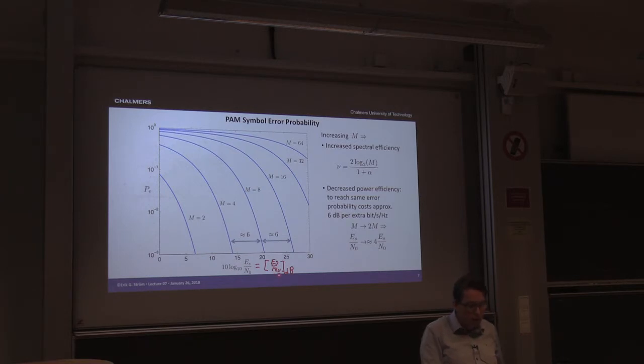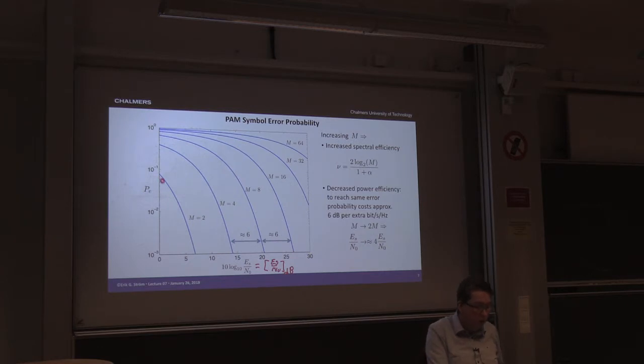And for a fixed N naught, when we go to the right here, that means that we increase the transmit power. So that's a usual way to think of this. By increasing the power, we go along this axis. So if we select M equals 2, we see that the error probability for low power is pretty high, and then it falls off very sharply down to 10 to the minus 3 at, I don't know, 6 dB maybe of signal to noise ratio.